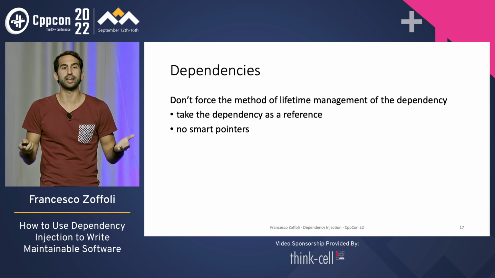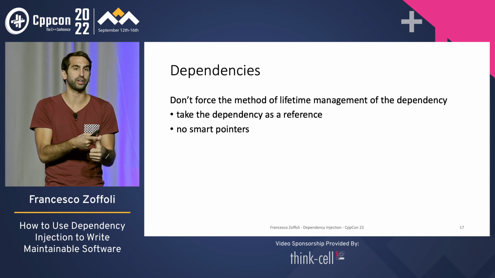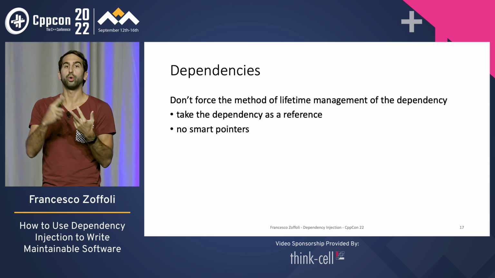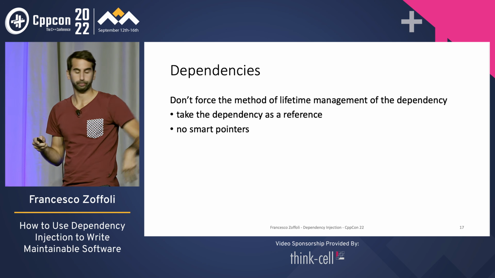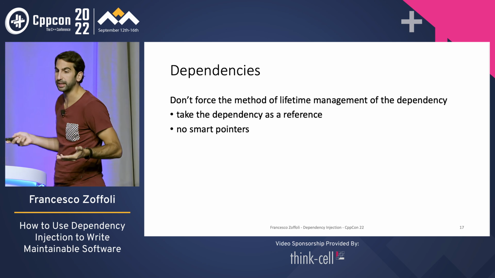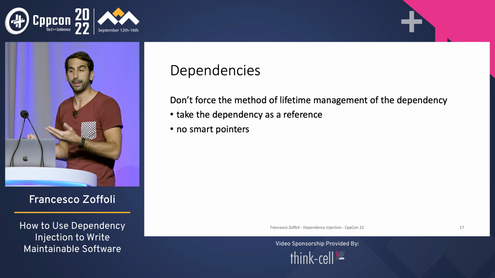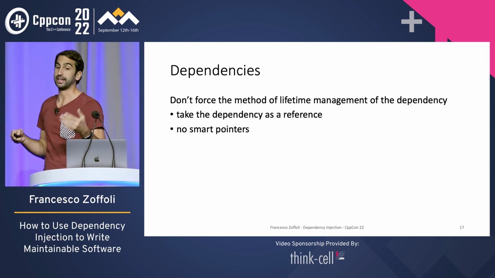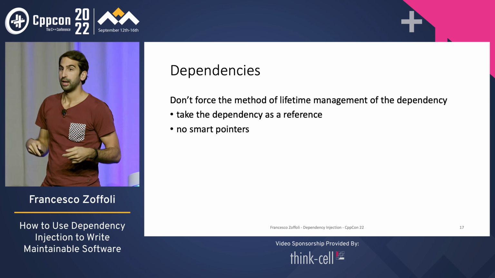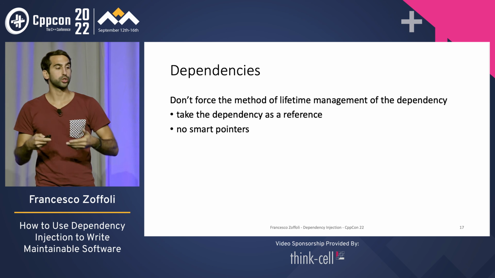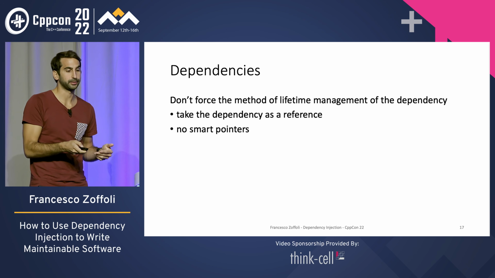It's not its responsibility to know when this thing is created, when it's destroyed, where it's living, where it comes from. It just wants to delegate this work. And this means that we are going to take dependencies as references, and especially we are going to avoid smart pointers. But let's look a bit at the options we have for taking dependencies.